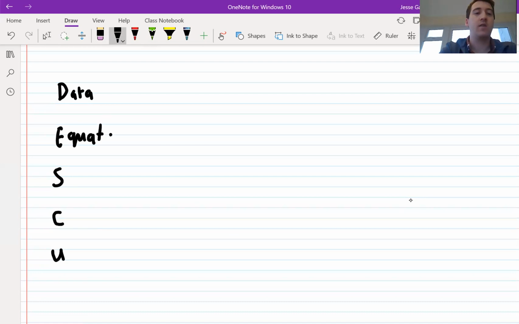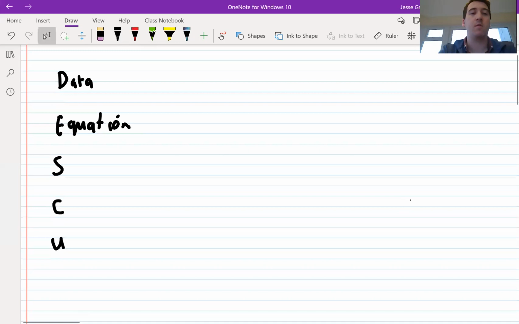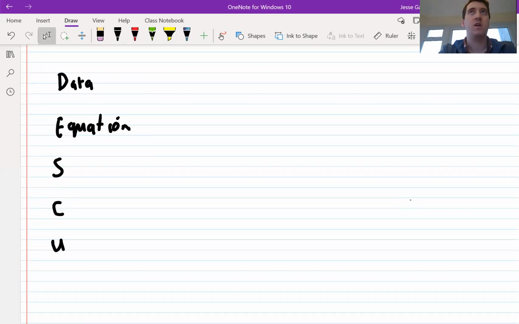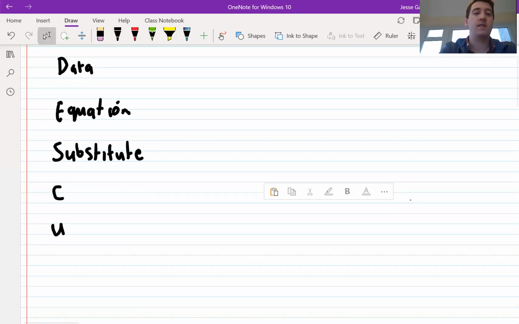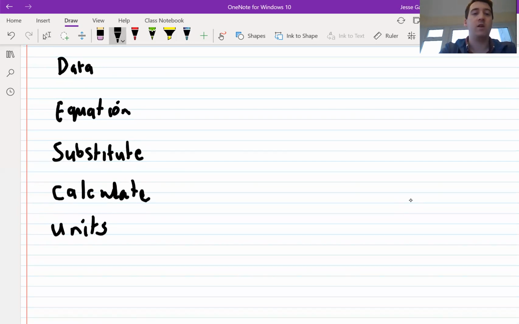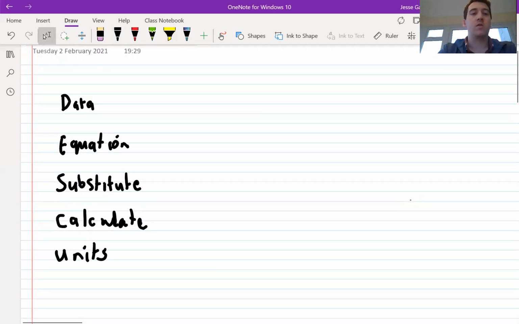In this space, we would write the equation we need to use to solve the problem. So what equation links up the variables in the data? S stands for substitute. This means you put numbers into the equation instead of the words. C stands for calculate. You're actually going to use your calculator in this step. And U stands for units. What units am I answering in?